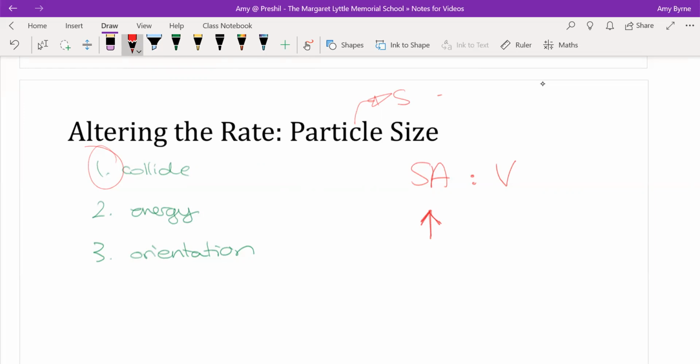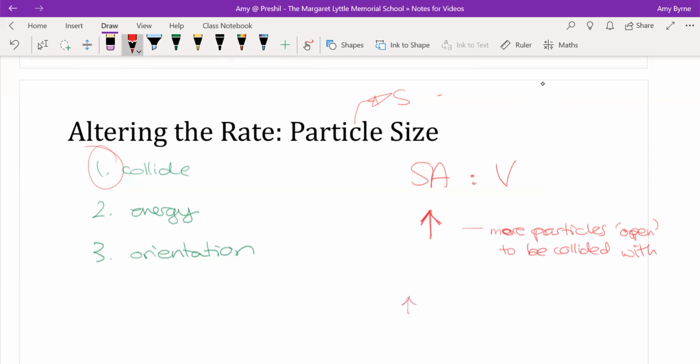So if I increase my surface area, there are more particles that are open to be collided with.